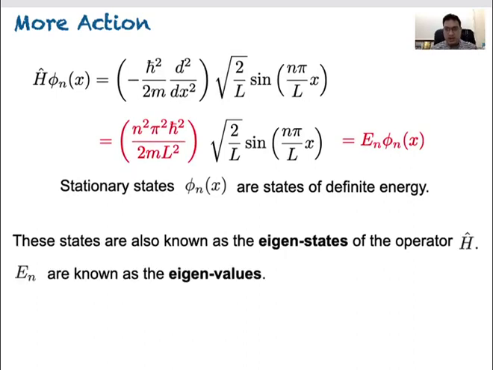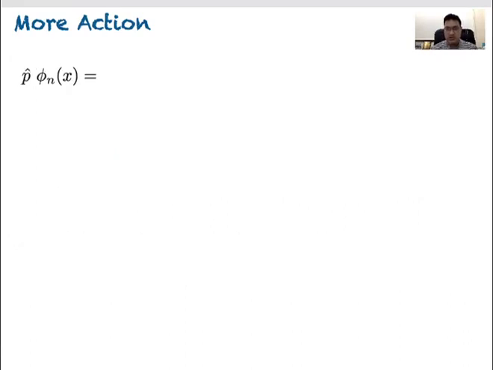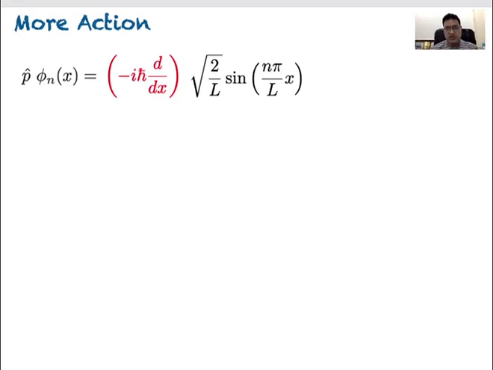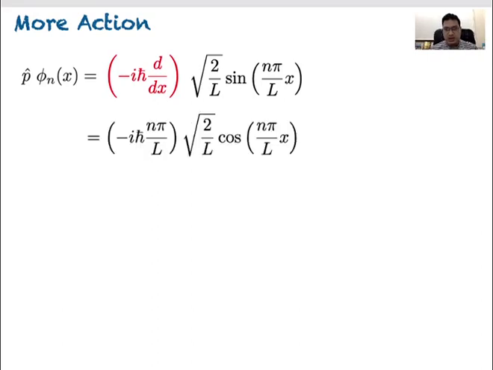As I said, these phi n's are known as eigenstates of this operator H, and En are known as eigenvalues. Now let's see what happens when your momentum operator operates on your wave function. This is your momentum operator, minus i h cross times d over dx. When it operates on this one, it will give you minus i h cross, and d over dx will give you n pi over L, and this will convert into cosine: square root of 2 over L cosine n pi over L times x.